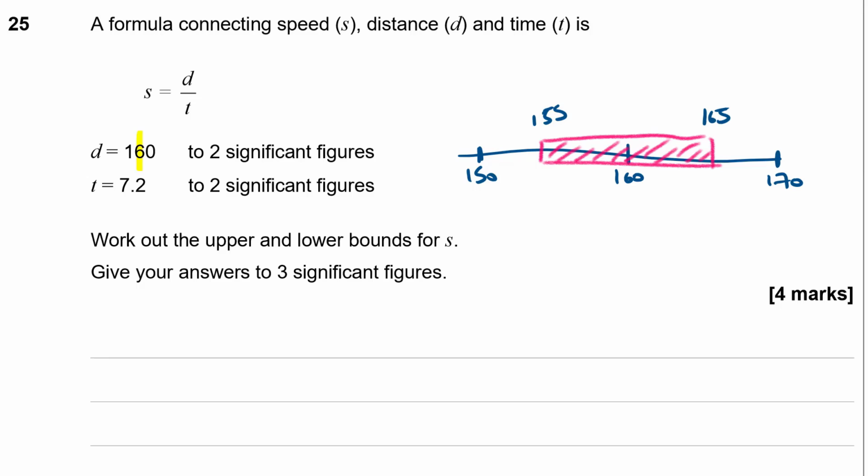Now for our second value, t has also been rounded to two significant figures. This time the second significant figure is that 2 there. It's 1 tenth or 1 decimal place.